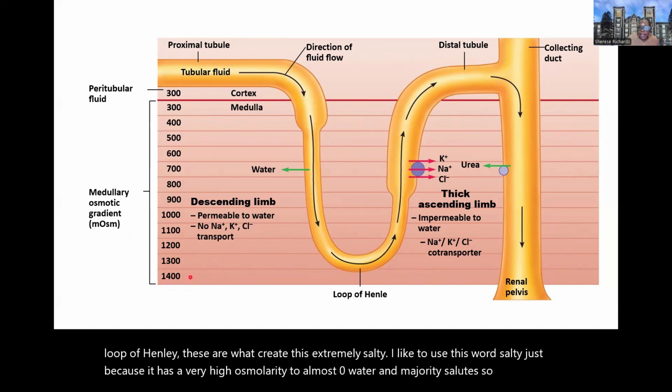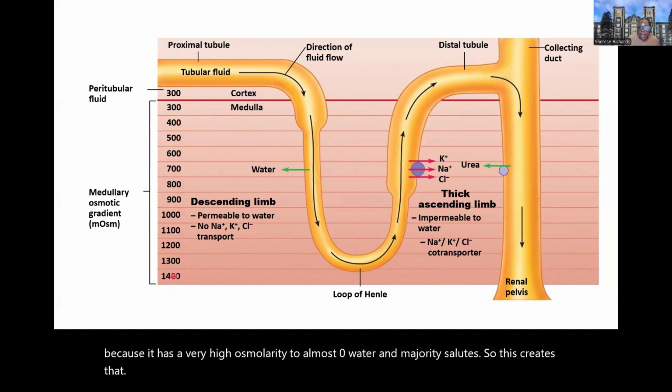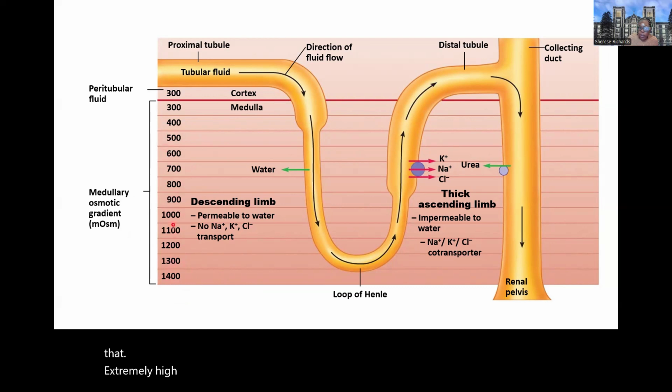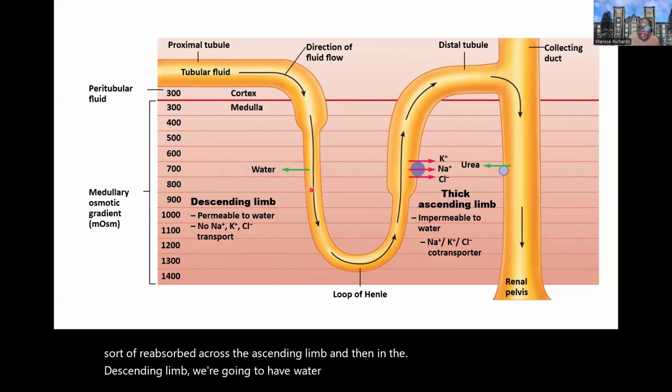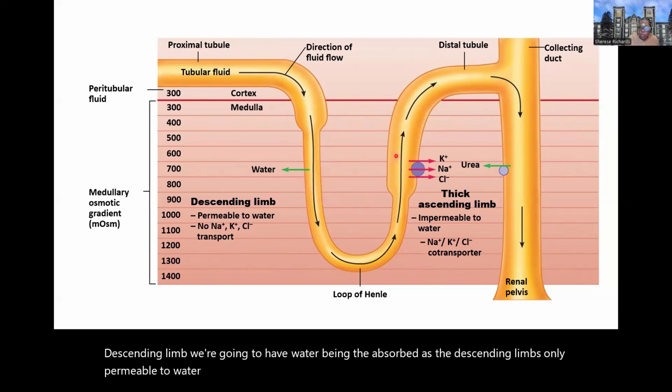So this creates that extremely high osmolarity the lower we go into the medulla because of these solutes that are reabsorbed across the ascending limb. And in the descending limb, we're going to have water being reabsorbed, as the descending limb is only permeable to water. The ascending limb is only permeable to solutes.